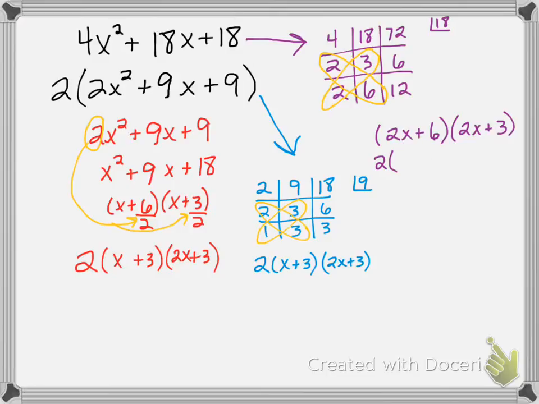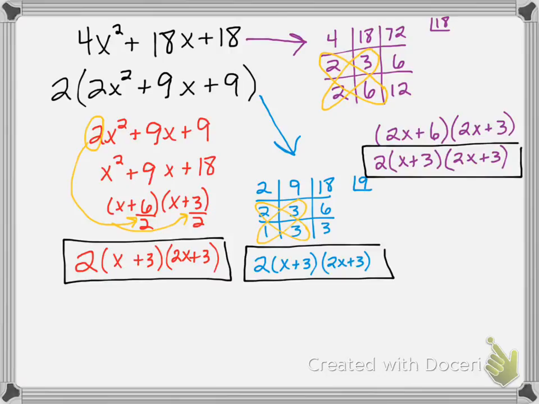That leaves me with an x plus 3. And 2 times x plus 3 is the same thing as 2x plus 6. So that needs to get multiplied by 2x plus 3. So I have the same sets of factors no matter which of the methods I use.